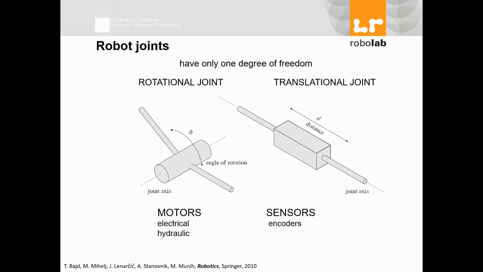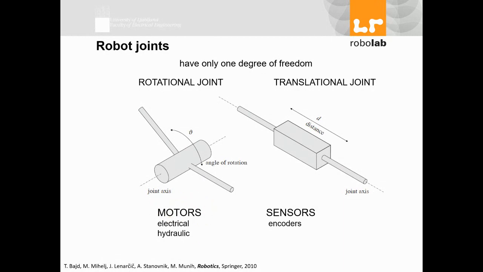For rotational joints, normally we need to use motors. For the other one also we might need to use motors, but we need to convert rotational movement into linear movement with different kinds of mechanical interface devices, or use pneumatic or hydraulic sources of movement to move back and forth.